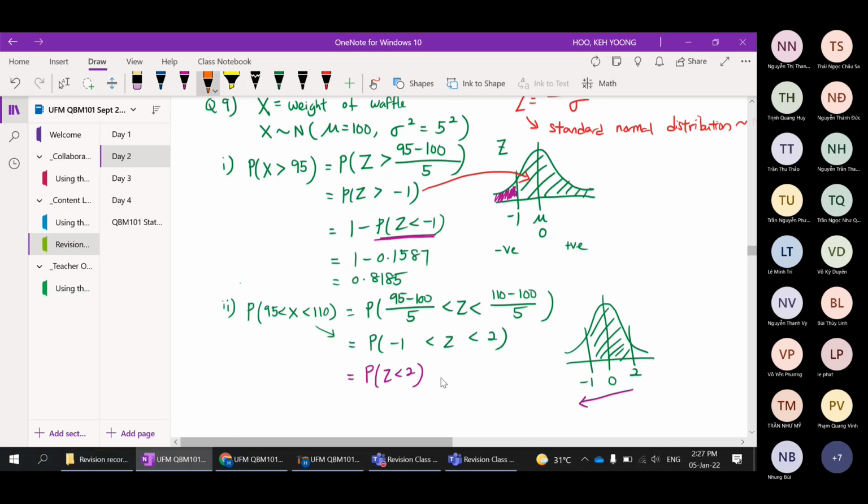Then you minus the area less than -1. So the big shaded area, you minus the orange area, you will get the area between.